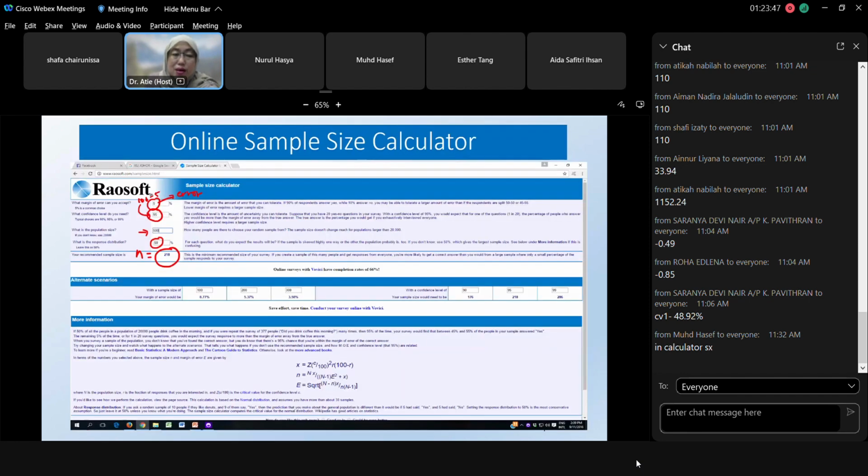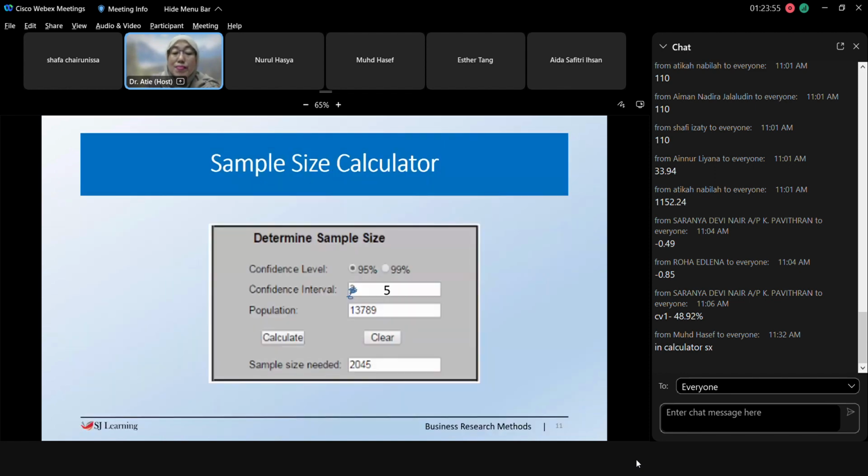Okay, sebab apa? Why am I telling you all this? Because it's going to be your next assignment, so you need to do this one. This is the sample size calculator. As I told you, the calculator is more accurate.